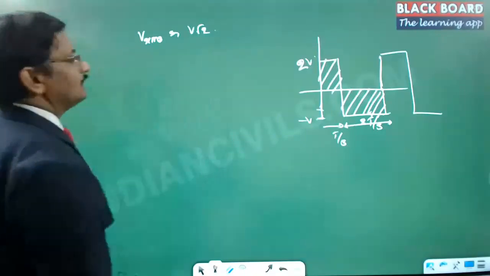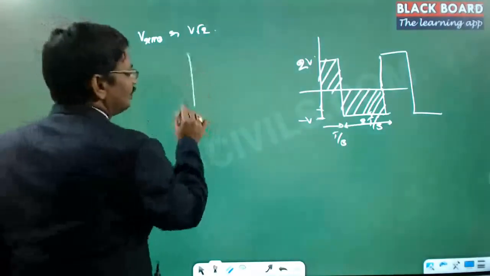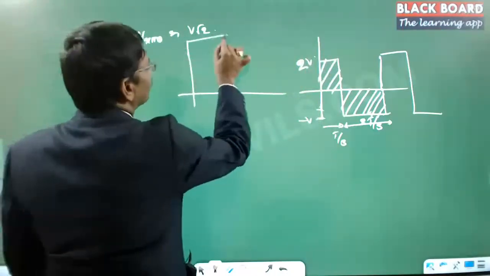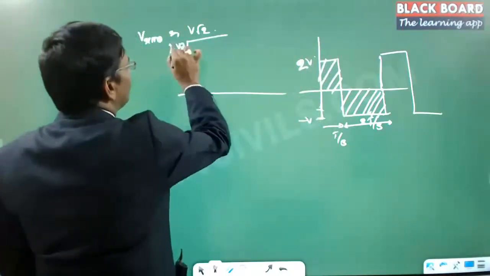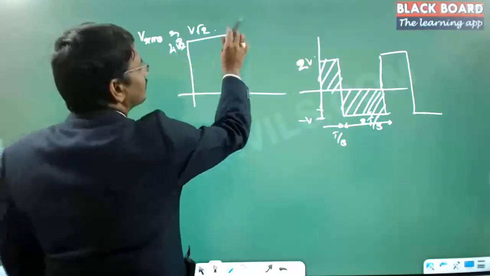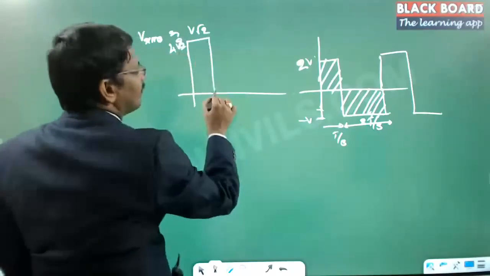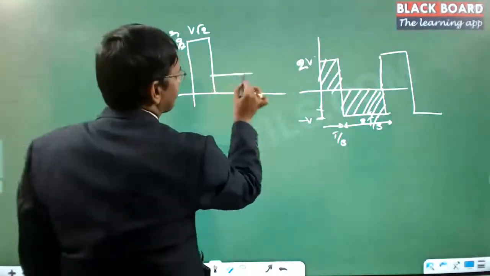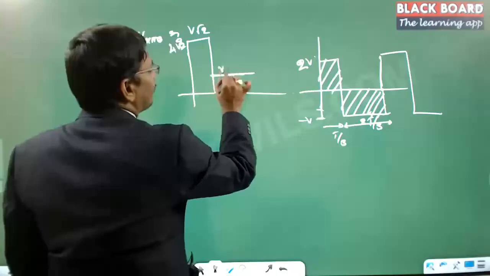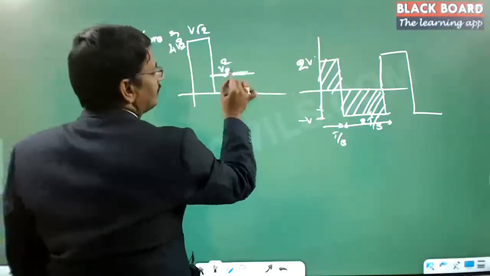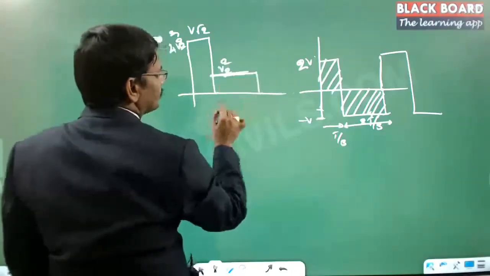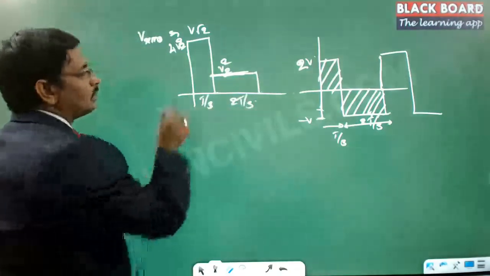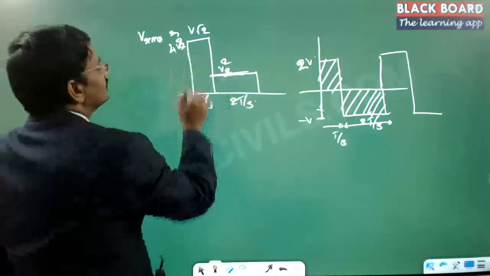Yeah. So let me calculate. If you want to draw the square waveform, 2V whole square is 4V square, so this is 4V square until this point. Then minus V whole square is plus V square only, so this is V square height. And this length is 2T by 3 and this is T by 3. Now you take the average of this.